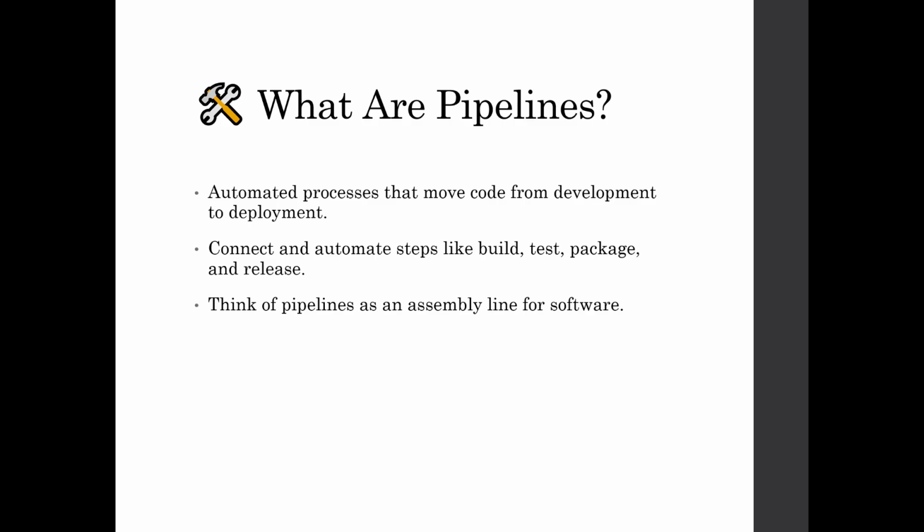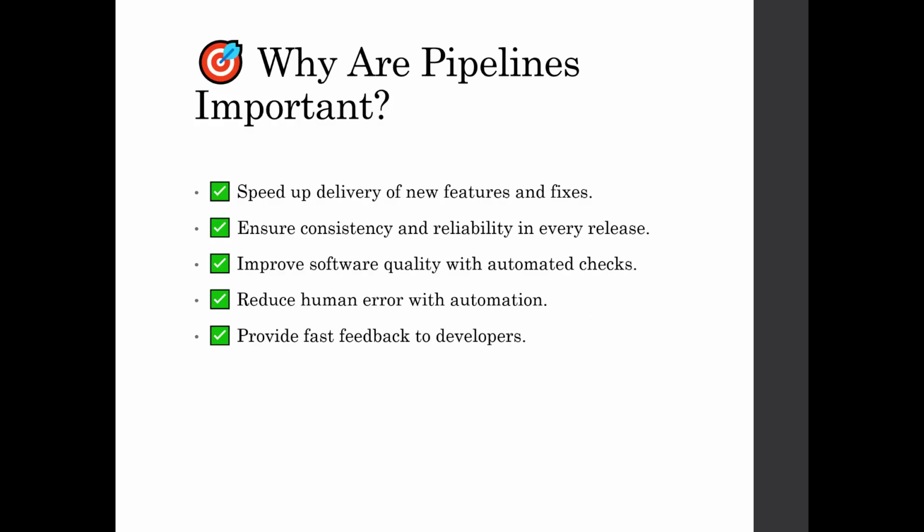So a pipeline is kind of like an assembly line. Each step moves your software closer to production, and we want that with minimal manual effort. So in this scheme of things, maybe it's evident, but why are pipelines important? Well, they're really essential to DevOps because we are working towards speed and consistency in our build process.